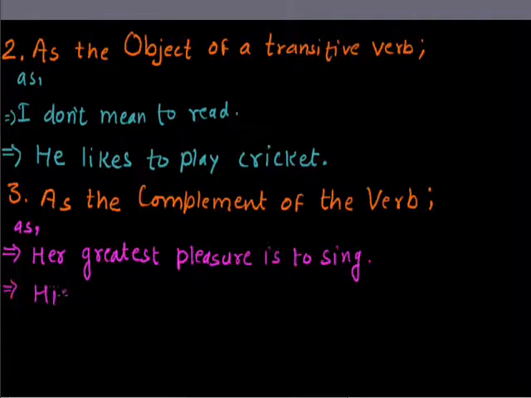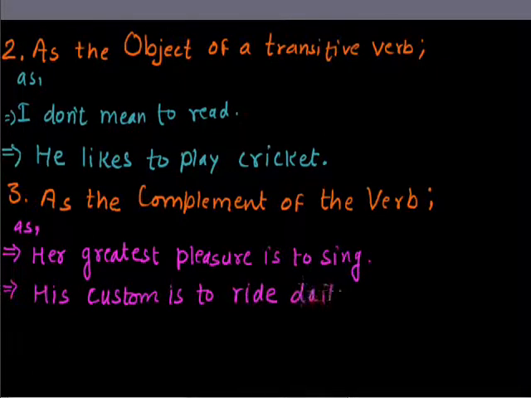His custom is to write daily. In both these two sentences, her greatest pleasure is the first part of the sentence. Okay, and we have used the infinitive to sing after the verb is. So here to sing is the complement of the verb.